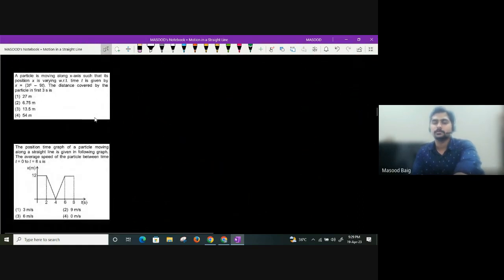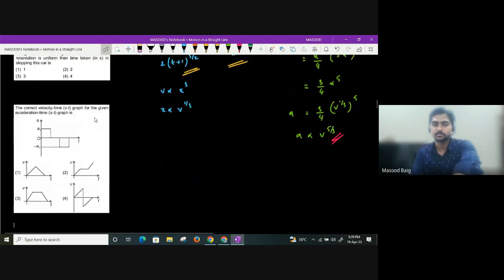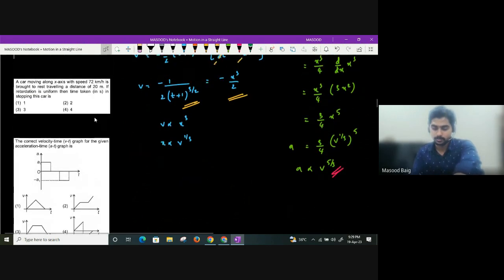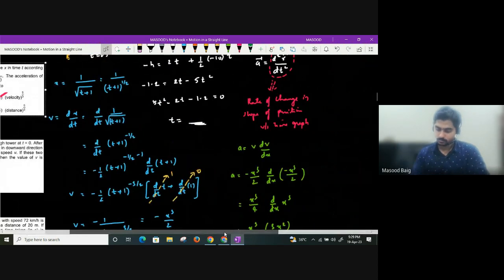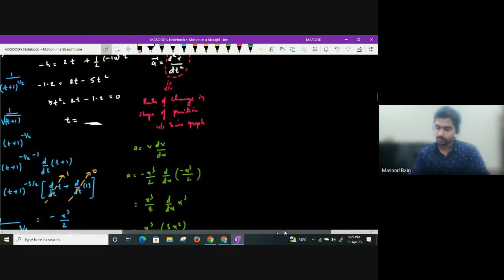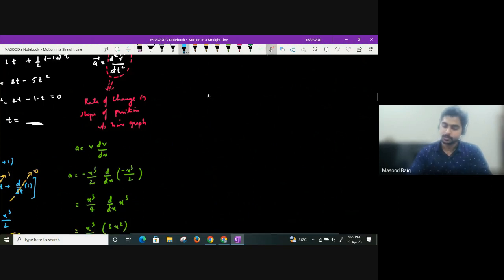If I use the relative motion concept here, the question is like this, guys. From some height, I don't know what the height is, two balls are being dropped. No, one ball is dropped.